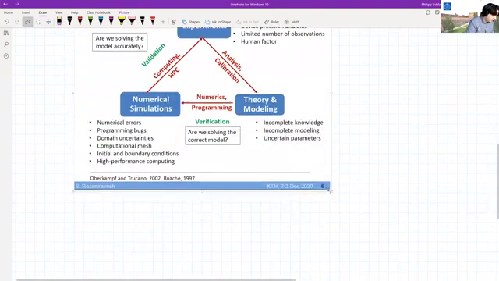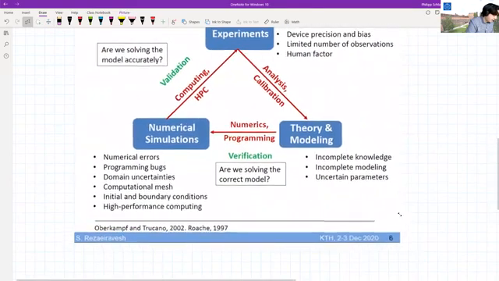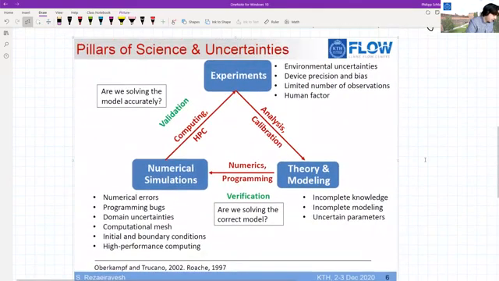I would like to paste here this particular slide that I took from a presentation, which to some extent summarizes, in slightly different words, the same complex interaction between different sources of errors and different mathematical or numerical modelings.